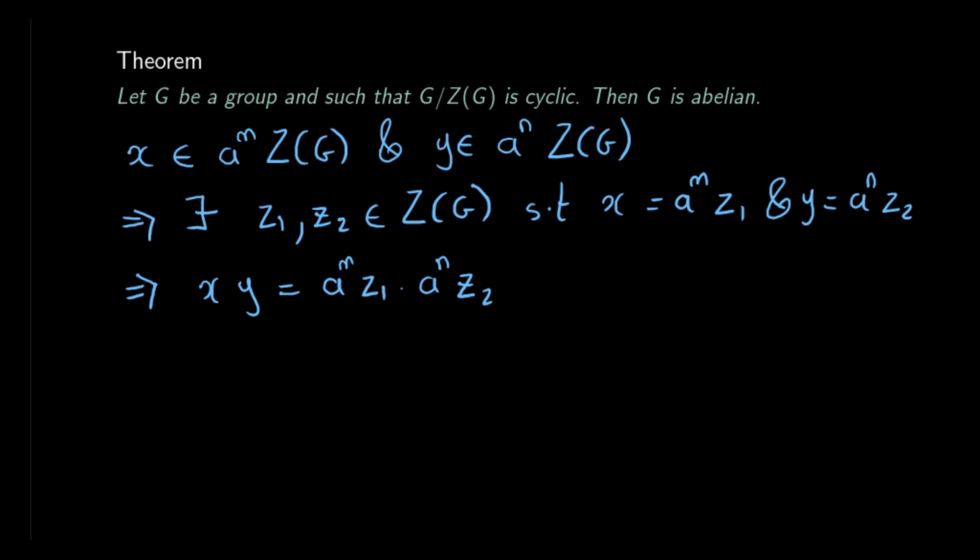Since Z1 is in Z of G, we see that Z1 commutes with A raised to N, and therefore we have XY is equal to A raised to M times A raised to N Z1 into Z2, which is A raised to M plus N times Z1 into Z2.